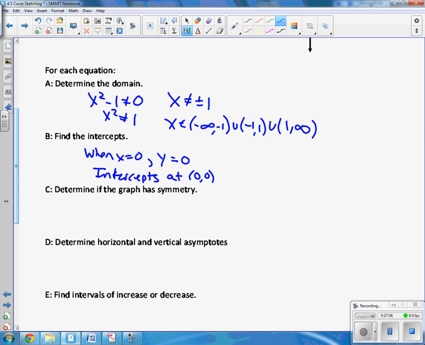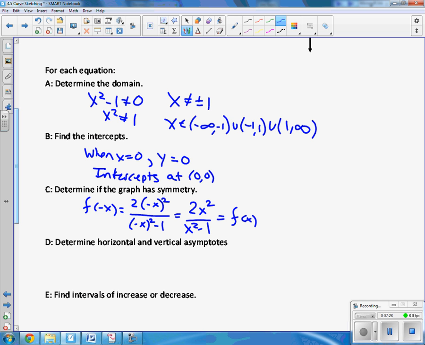Okay, so part C, determine if we have symmetry. So I'm going to take my function and I'm going to plug in the opposite of x. So that would be 2 times negative x squared over negative x squared minus 1. And I get 2x squared over x squared minus 1, which is my original function.